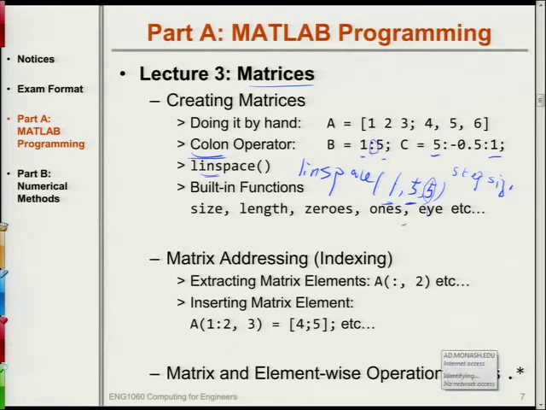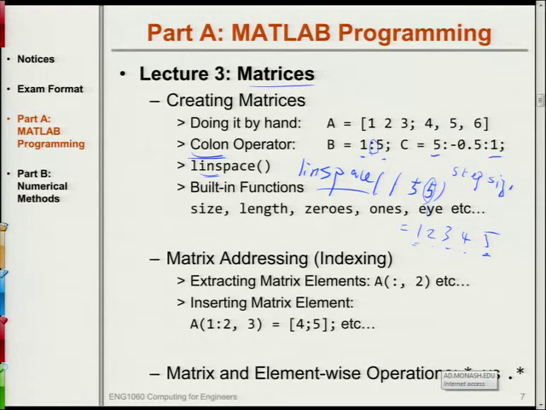This creates the vector 1, 2, 3, 4, 5. That means start from 1, end at 5, with 5 equally spaced elements. So this is linspace.